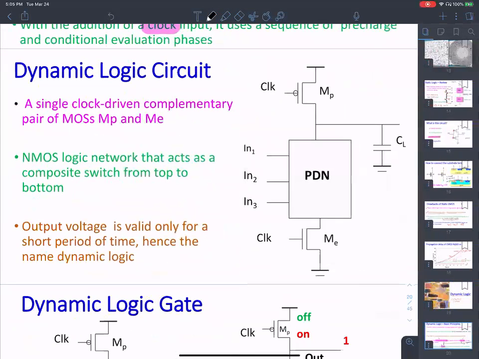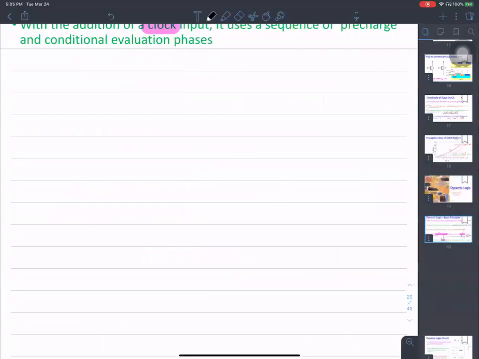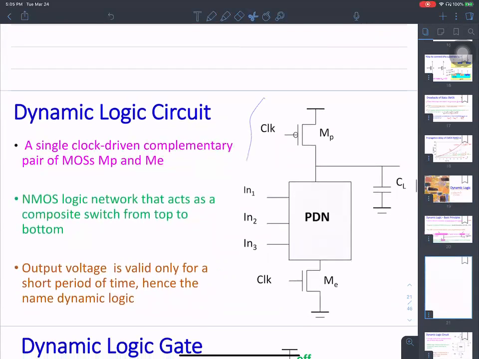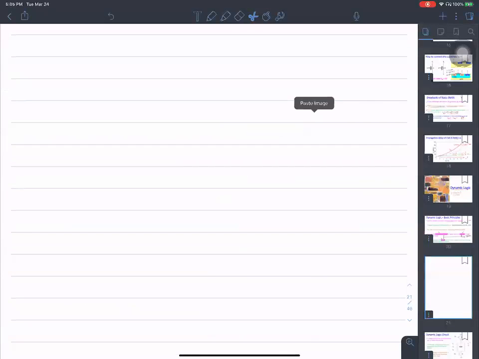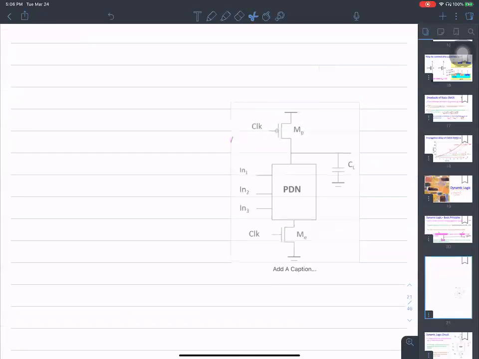Let's add a page. I'm going to do this for the sake of comparison. Let's look at the dynamic logic circuit and the static logic circuit next to each other.